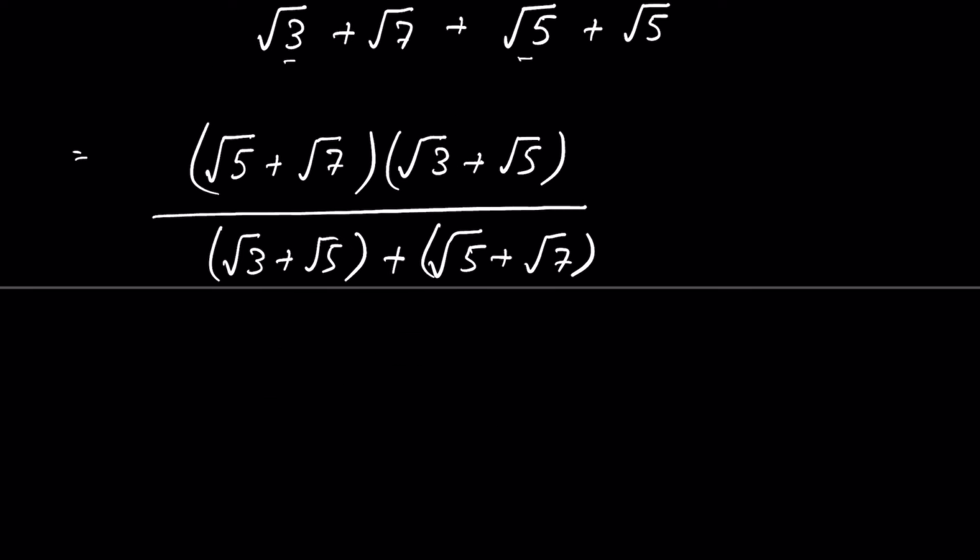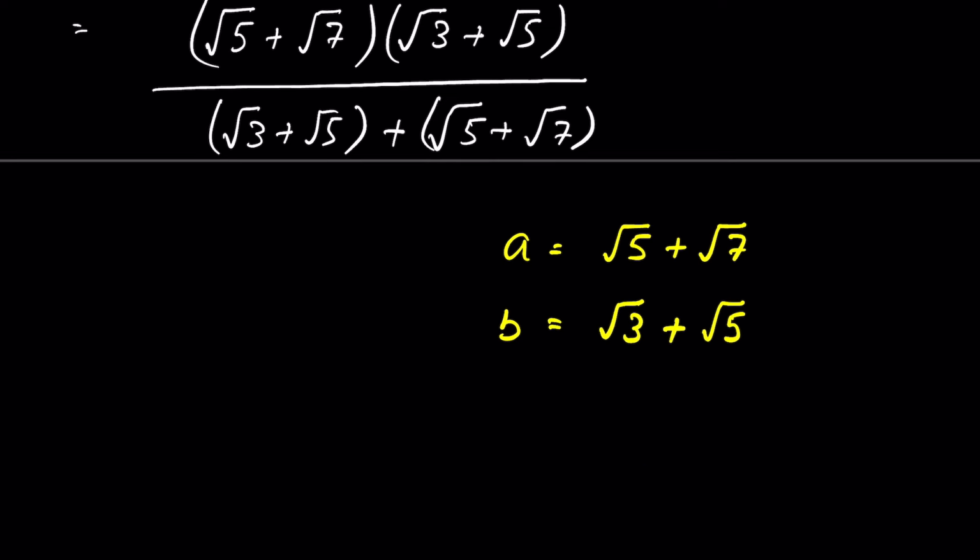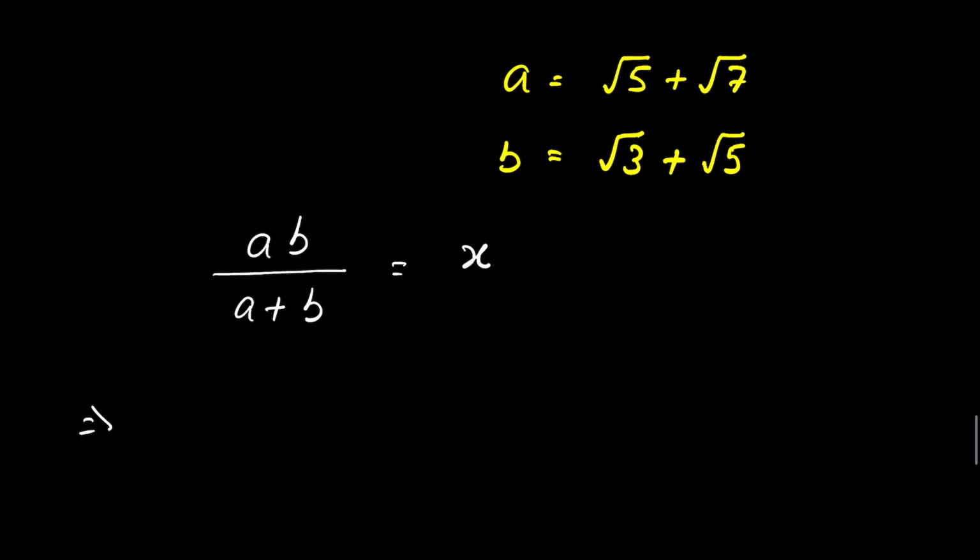Now let's consider a is equal to square root of 5 plus square root of 7 and b is equal to square root of 3 plus square root of 5. In that case, we have a times b upon a plus b. Let this be equal to x, or we can write 1 upon x is equal to a plus b upon ab.